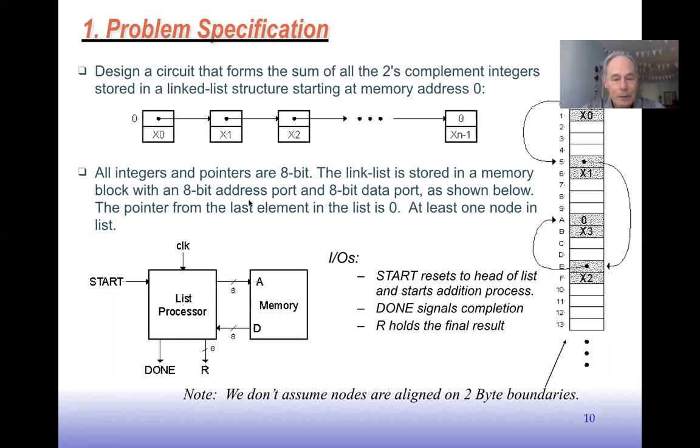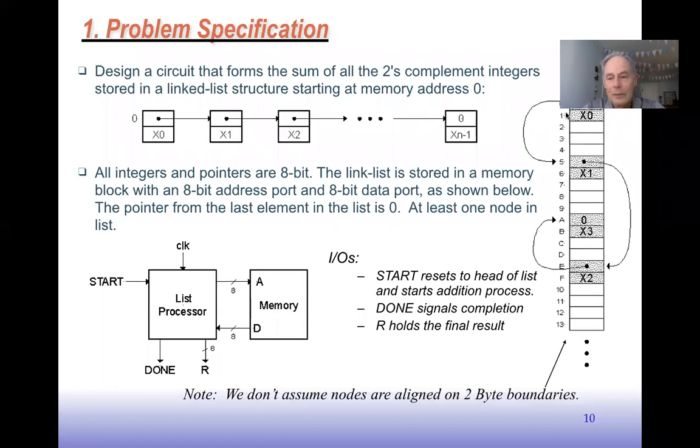So this is kind of an abstraction of what we want our list processor to look like. We're going to add a start signal that, when we assert it on the rising edge of the clock, initializes everything and starts the process, right? And this is the processor, so it has the process of following the nodes.